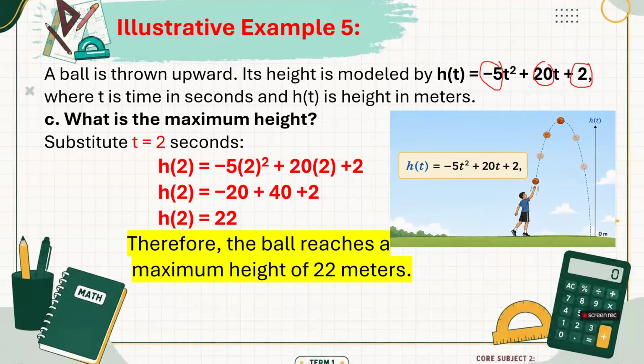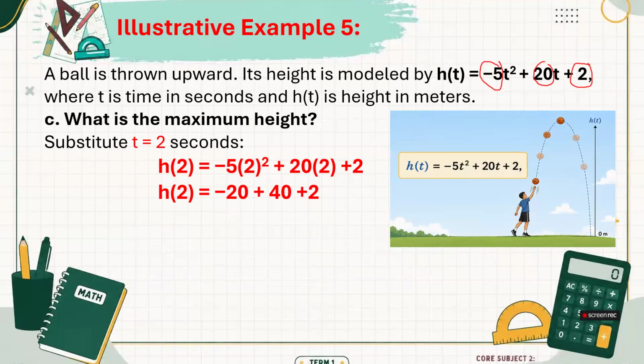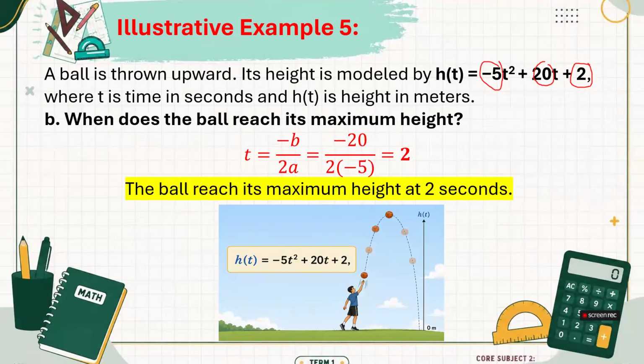So do not confuse. 2 seconds tell us when the maximum height happens, while 22 meters tells us how high the ball reaches, or that gives us an idea of the maximum height. So do not forget again the formula in getting the time. It's negative b over 2a.